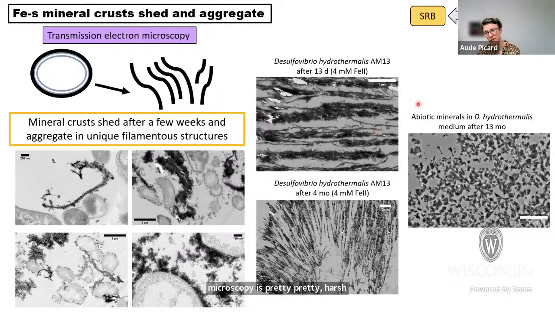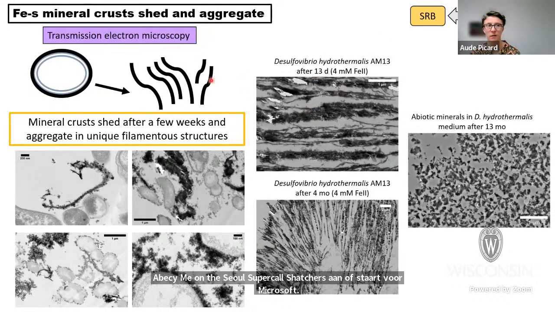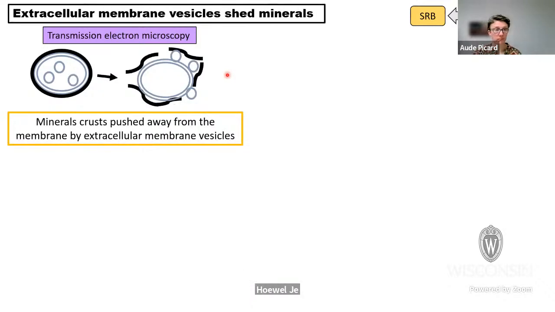So we tested the abiotic minerals with the exact same preparation, and we see that they are very different. This is a similar magnification. We only see those super cool structures of stacked crust, what I call stacked crust, in those biogenic conditions when the microbes are grown with iron.